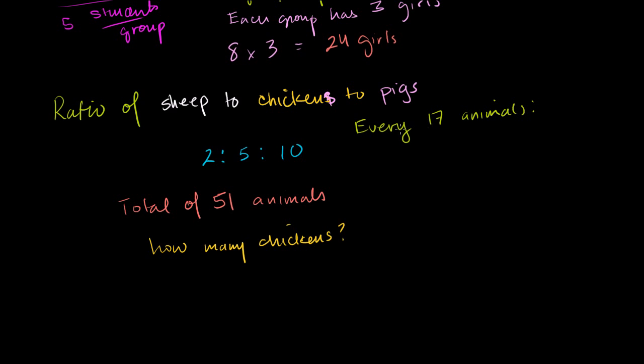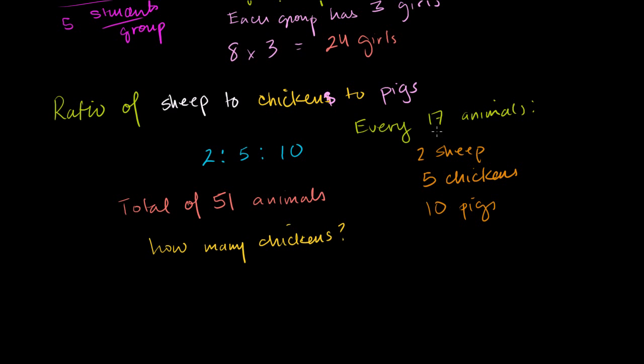And where did I get 17 from? I just added 2 plus 5 plus 10. So for every 17 animals, I am going to have, let me pick a new color, 2 sheep, 5 chickens, and 10 pigs.